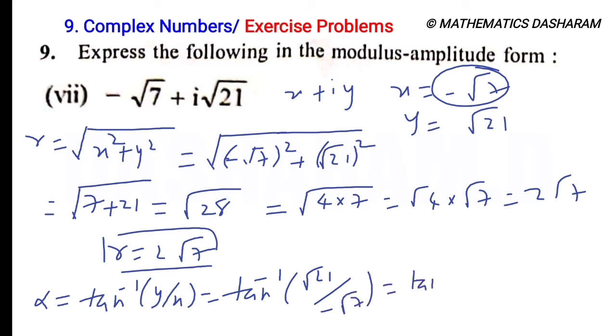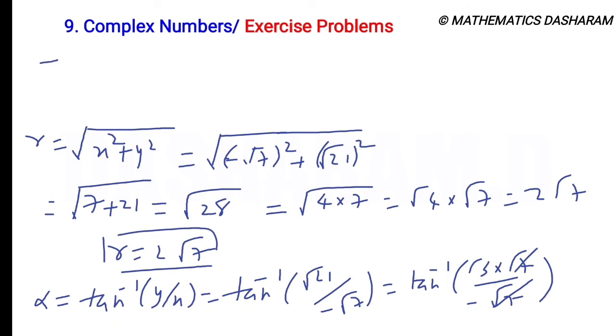Tan inverse of root 21 by minus root 7 can be written as root 3 into root 7 by minus root 7. Root 7 cancels, so it equals tan inverse of minus root 3. But tan inverse of minus x becomes minus tan inverse x.